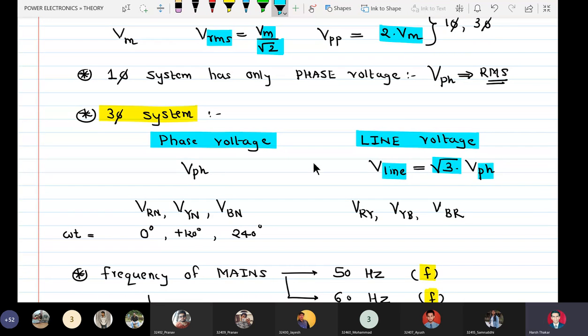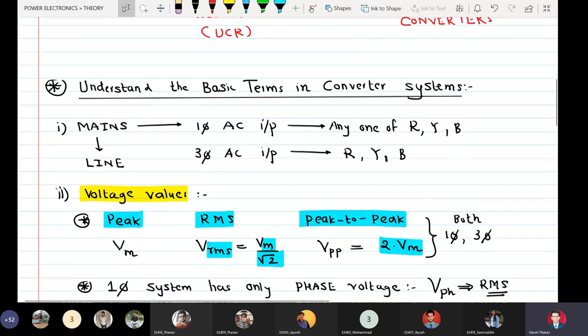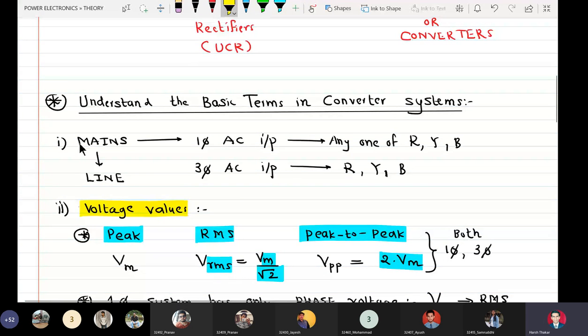Line is root 3 times the phase voltage. Okay, so these are the phase voltages, line voltages. Phase relationship is 0 degrees, 120 degrees, 140 degrees. Mains and lines are synonyms, and it can be any one of the three phases RYB. The three phase system means it is all three together.